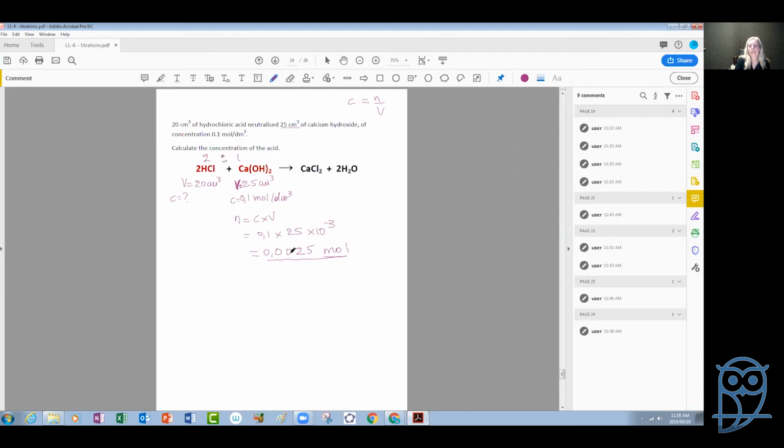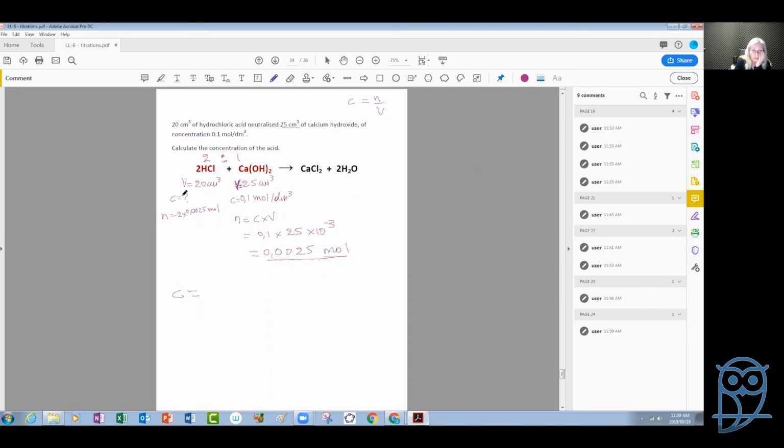So if we have 0,0025 moles of calcium hydroxide, obviously this reacts with double the number of moles of the acid. So what is our number of moles for the acid? It is twice this number, isn't it? So this is 2 times 0,0025 moles. All right.